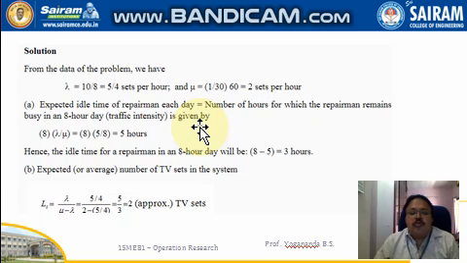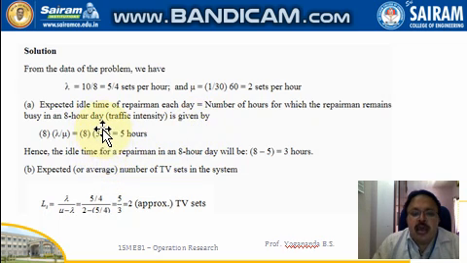So 5 by 4 divided by 2 becomes 5 by 8, that is the utilization factor. That much time he is utilized. So in 8 hours, he is busy for 5 hours a day.